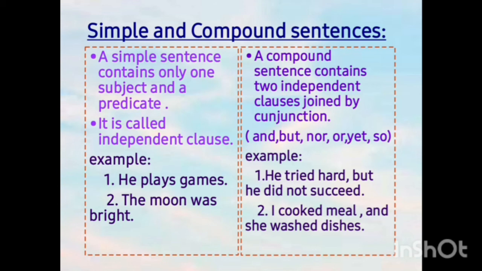In number 1, he tried hard, this is a clause. He didn't succeed, this is another clause and it is joined by the conjunction but. I cooked meal, this is a clause. And she washed dishes, this is another clause and it is joined by the conjunction and.